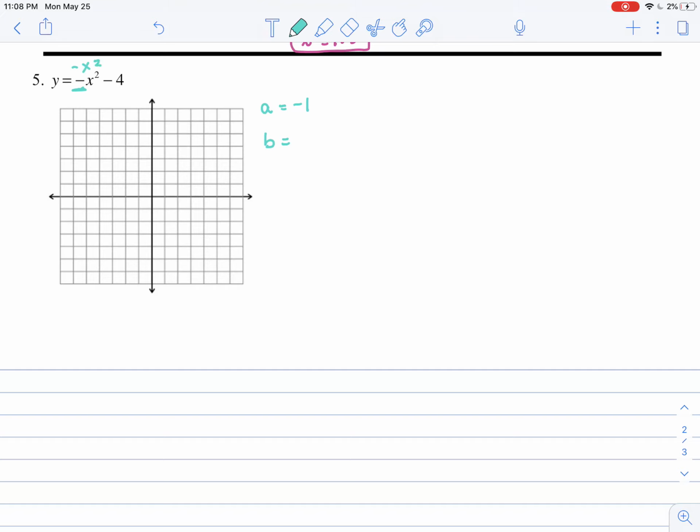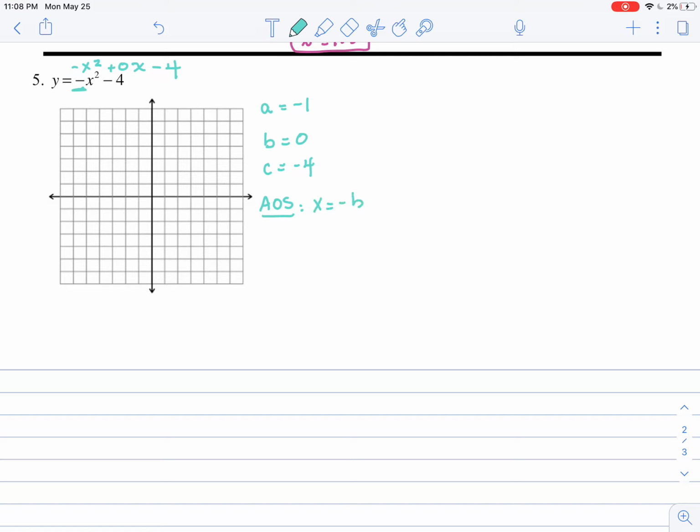We don't have a B here. We don't have a plain old x. You can think of this as negative x squared plus 0x minus 4. So here our B value is going to be 0. And C, the plain old number by itself, is negative 4.